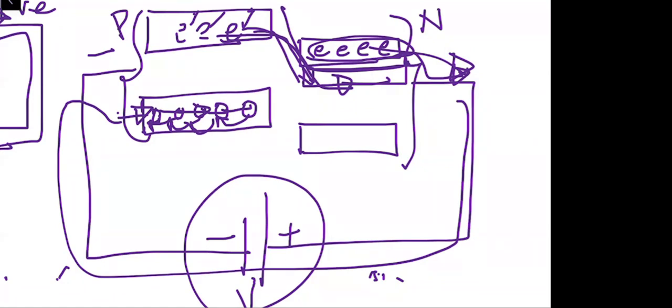And what happens is that if the voltage is increased so much, the free electrons get so excited on the P side that they get into the valence band and knock down the electrons from the valence band. If they are getting that much energy, they go into the valence band and knock down 2 electrons from the valence band.